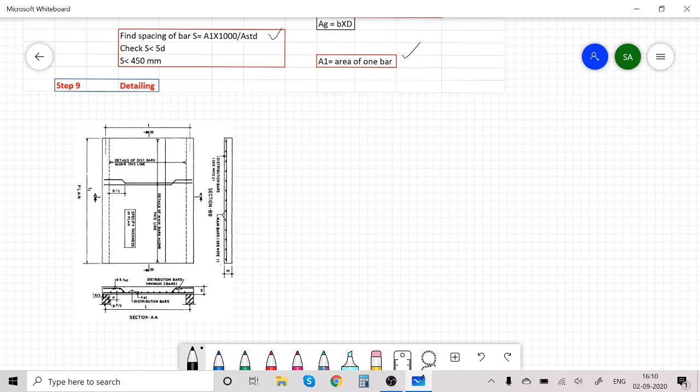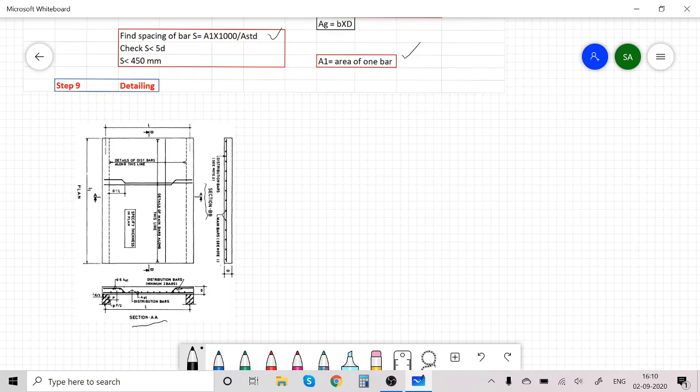So this is the standard cross section, and in shorter span direction, AA is the cross section in shorter span, and section BB indicates the cross section in longer span direction. Show the arrangement of main steel and distribution steel.